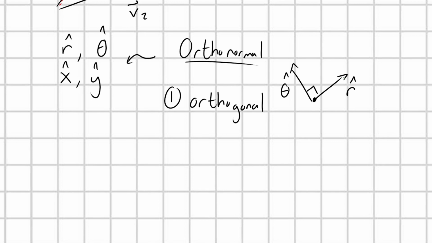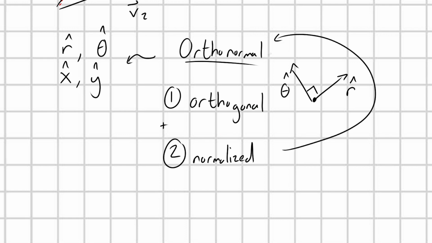The second part of this is that these vectors are normalized, which means that they have a unit length of 1. These are unit vectors. If you combine the words orthogonal and normalized together, you get orthonormal basis vectors.